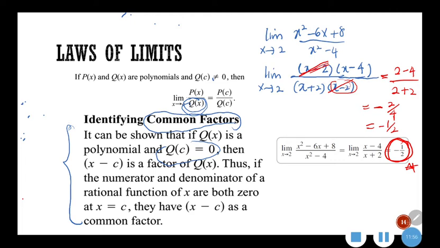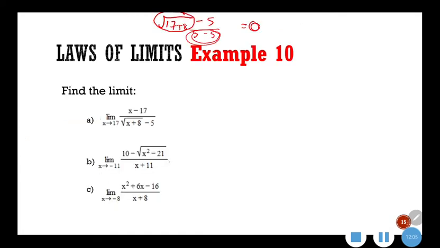By having this as a common factor, we can cancel it out and it is no more equal to 0, right? Alright, so for this case, we're going to do the same. But as you can see, in this function we have a square root, so it is a bit difficult for us.